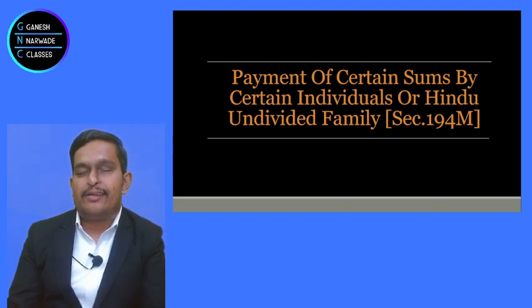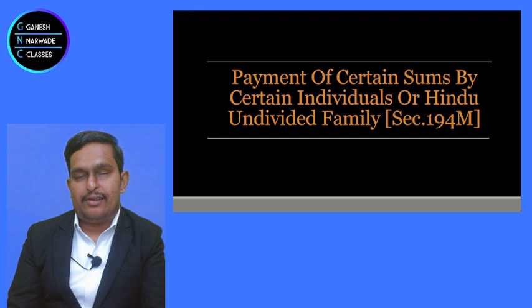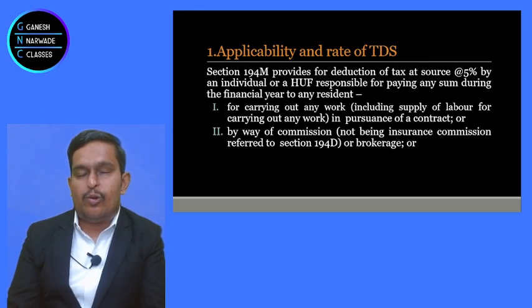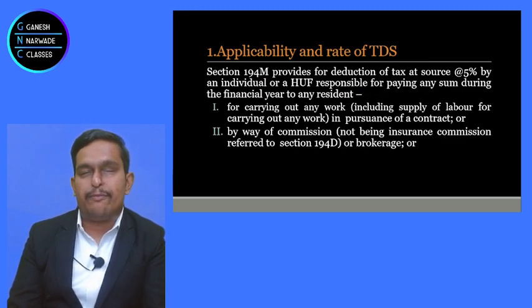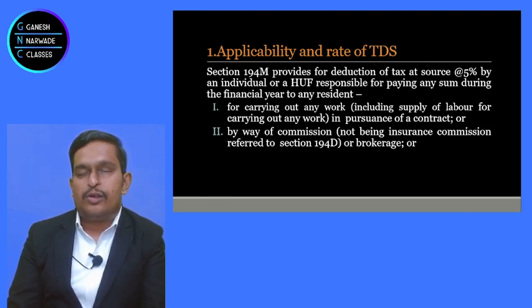Sometimes you pay commission for some purpose. Maybe you wanted to purchase a house for 50 crores or something like that, and the broker who found the house for you, you paid him 1 crore as commission.